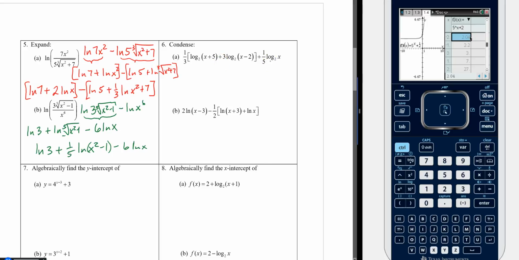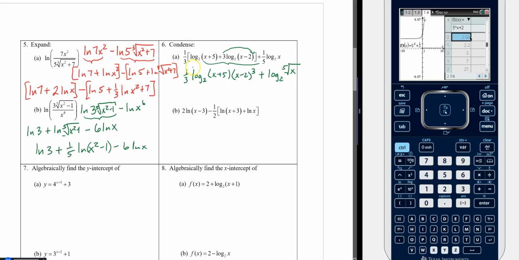So let's start with combining these. I'm going to go ahead and move this 3 inside. We've got 1/3 times log base 2 of x plus 5 times x minus 2 cubed, plus log base 2 of the 5th root of x.